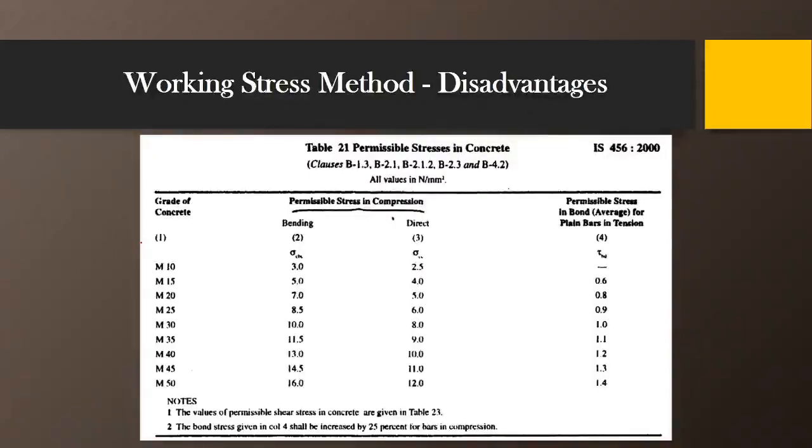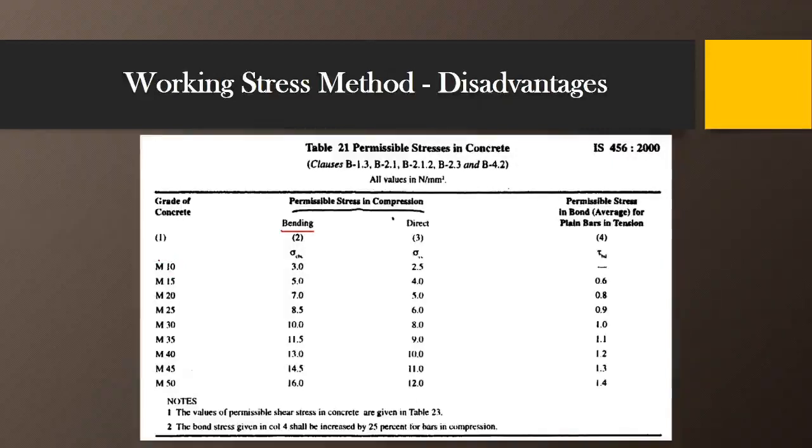Here, as I told you in the last slide, the grades of concrete have been given from M10 to M15, where M stands for mix and 10 stands for the characteristic strength in Newton per mm square at 28 days. And this column number 2 stands for bending stresses in compression, which is denoted by sigma CBC. So these are the permissible stresses and this is the grade of concrete.